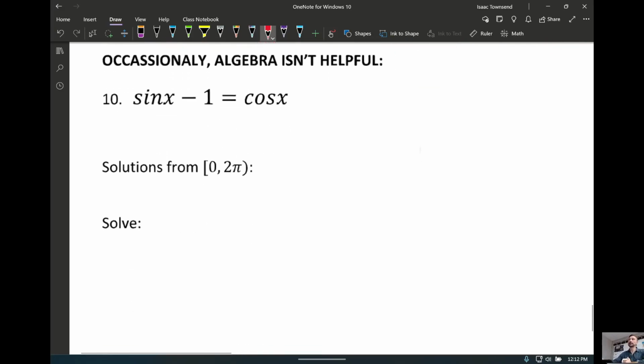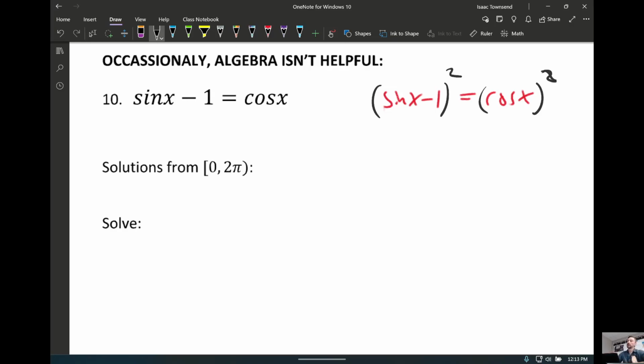Okay, and then the last example that I thought would be helpful is that sometimes algebra is not necessarily the most useful thing. So, for example, on number 10, the only algebraic way to do this, and I don't want to go through the whole thing, but it is okay in algebra to square both sides of an equation, as long as you do it to both sides.